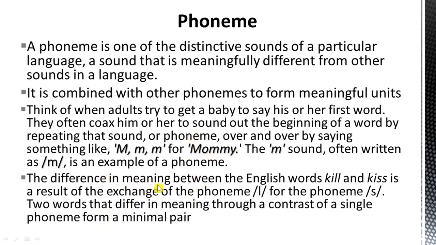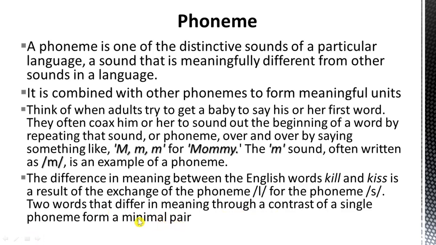The difference in meaning between the English words like and keys is a result of the change of the phoneme L for the phoneme S. Two words that differ in meaning through a contrast of a single phoneme form what we call a minimal pair.